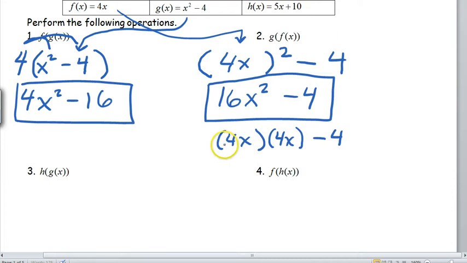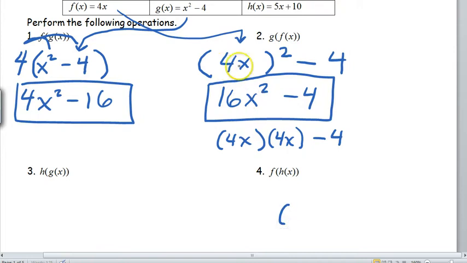Now, what would you get when you multiplied these 2 parentheses together? Which is exactly the same thing. So, if you got in the habit of writing it twice, you're always going to get the right answer. But the time when you would absolutely have to write it separately like this would be something like this.